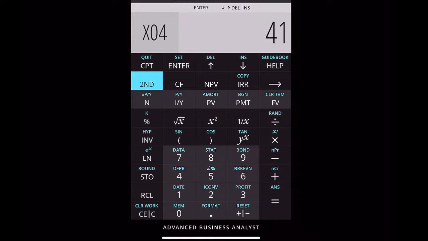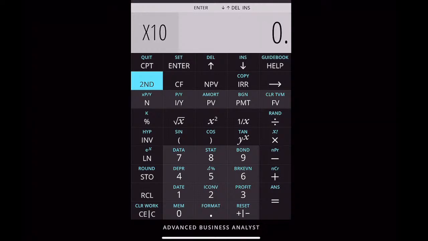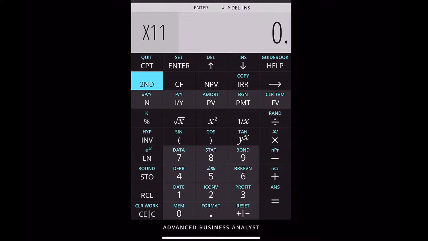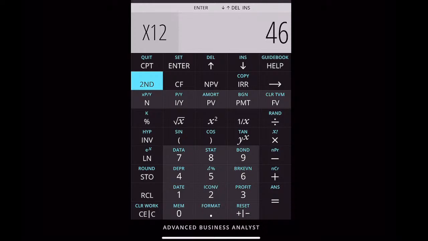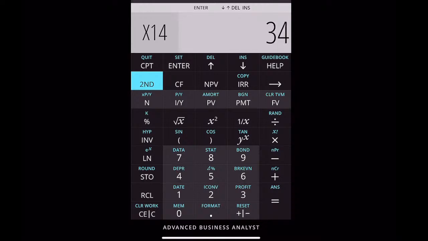And then 41, enter, down, down. 46, enter, down, down. 25, enter, down, down. 47, enter, down, down. 60, enter, down, down. 54, enter, down, down. 46, enter, down, down. 49, wow, 46 again. 41, 34, and 22.